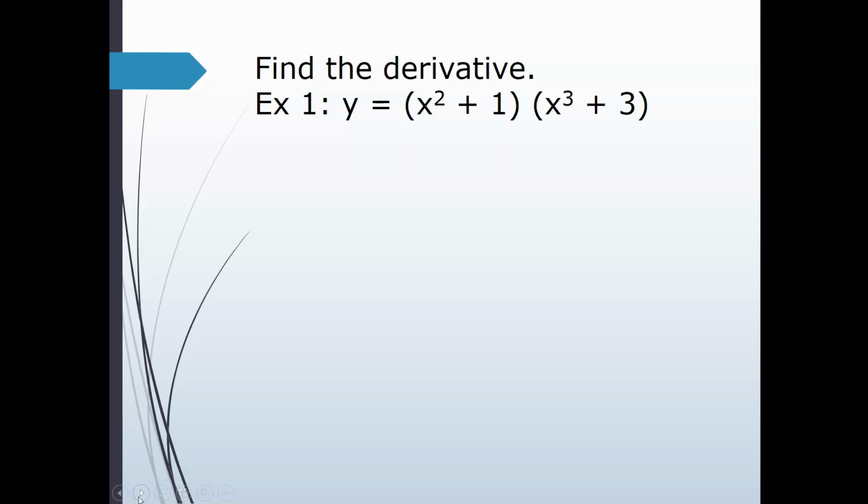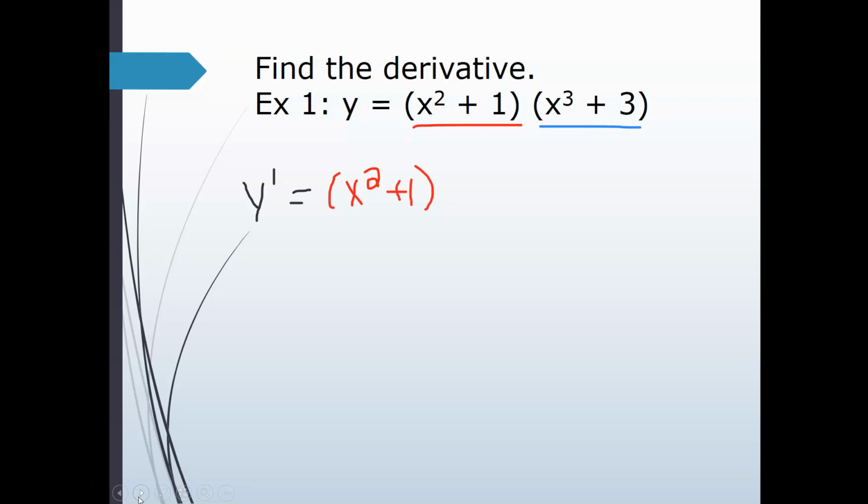Let's do this example using the product rule, even though I know sometimes FOILing might be easier. So we're going to do the first and the second, and I'm going to do them in red and blue, kind of just to help you as I go through. So the derivative would be y prime equals the first, which is x squared plus 1, times derivative of the second.